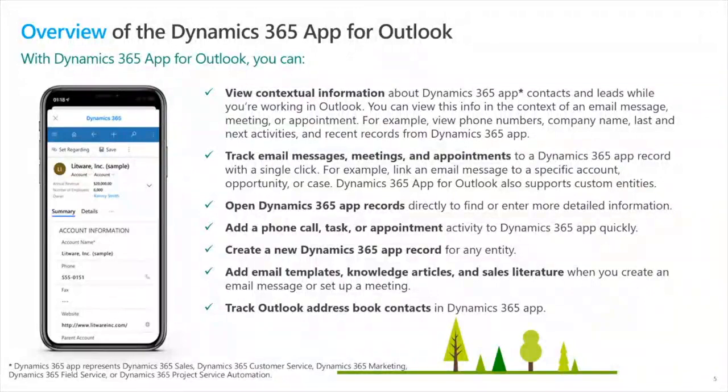And also you can use some of the productivity features that help users use email templates that you've configured in Dynamics 365, knowledge articles or sales literature documents in your new emails that you send in Outlook, right from Outlook by using all of the templates and documents or KB articles that have been configured in Dynamics 365. And last, on the Outlook desktop, you can also track your address book contacts so that your contacts are also reflected from Outlook to Dynamics 365 and have a synchronization in place between the records.